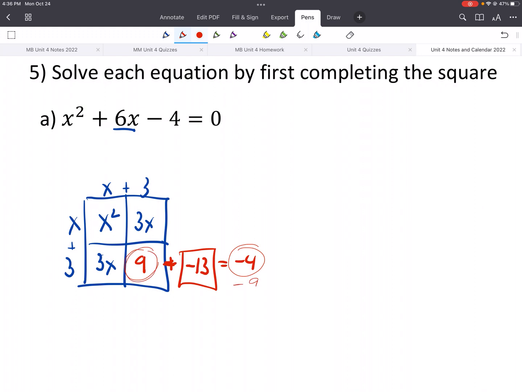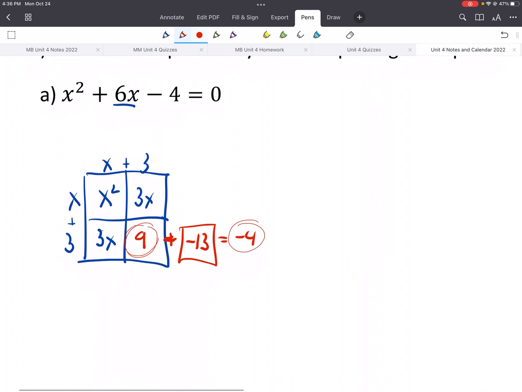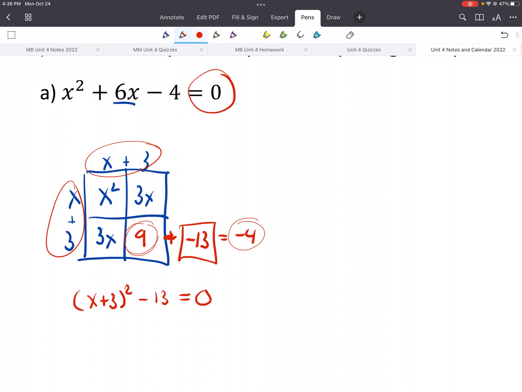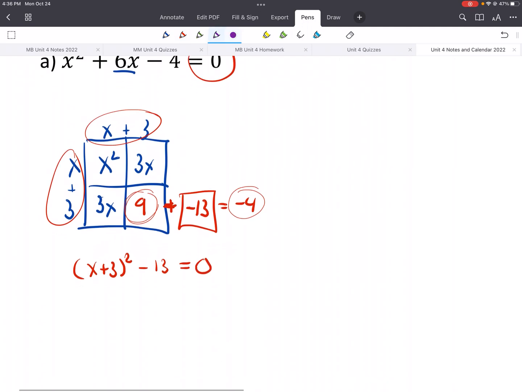So we just need to subtract 9 from it, so that gives us the -13. Okay, so now we can write down our equation after completing the square. So this gives us x plus 3 squared, that's our length and width multiplied, and then minus 13 is equal to, and again, this is equal to 0. Okay, and then we just need to solve.